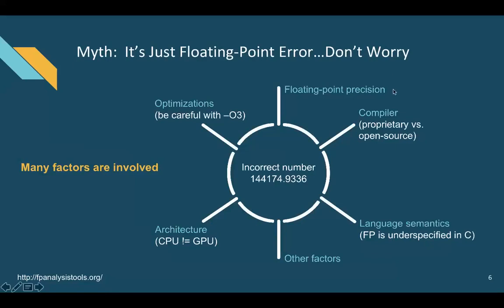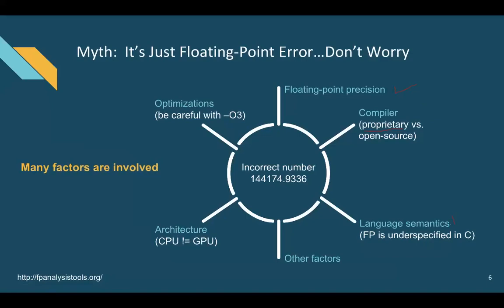So one of those is the precision that you're using, right? Are you using double, single, or half precision? The compiler that you're using, a proprietary compiler or an open source compiler? We have found that the proprietary compilers tend to be more aggressive in the optimizations and then tend to give significantly different results compared to the open source compilers.